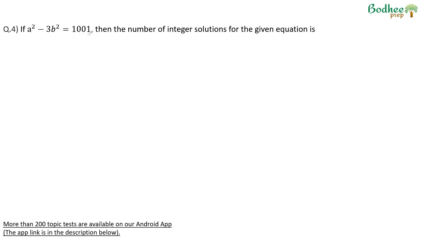If a square minus 3b square is 1001, then the number of integer solutions for the given equation is? a square minus 3b square is equal to 1001. Now, if this number is a multiple of 3, if we look at 1001 divided by 3, that leaves a remainder of 2. 1 plus 1 is 2.